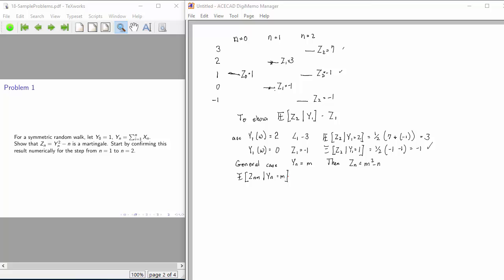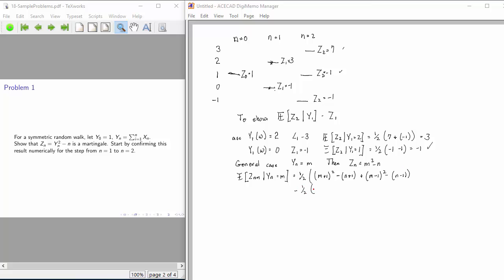In other words, we can either go up to m plus 1 or down to m minus 1. Each of those will happen with a probability of 1/2. So if we go up, the new value of z is m plus 1 squared minus n plus 1. If we go down, the new value is, of course, m minus 1 squared minus quantity n plus 1.